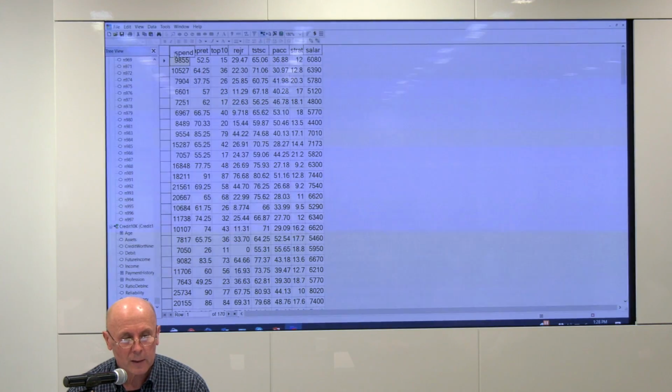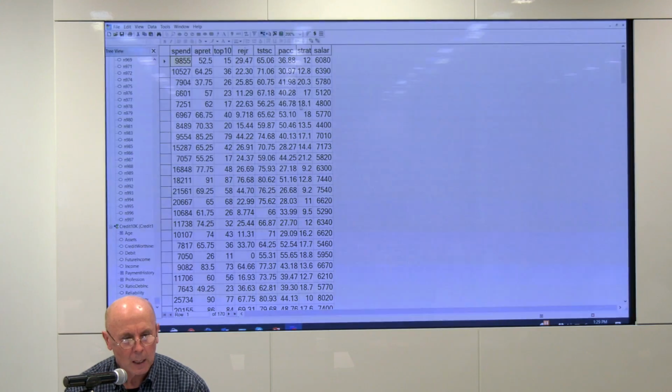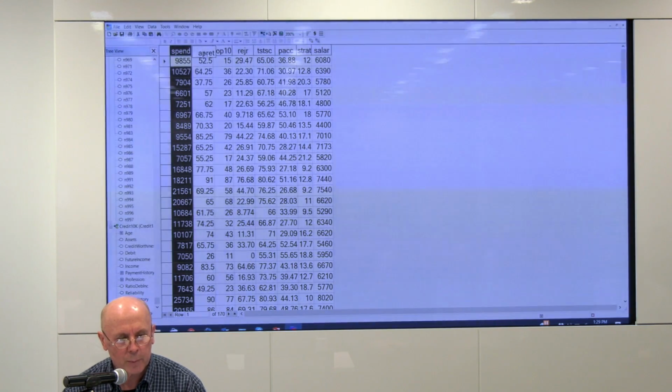Here is a real data set. The previous one was not real. Here's a real data set describing American universities. There are 170 of these, measured over variables. Spending per student, average percent retention.